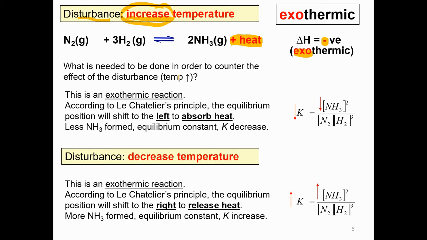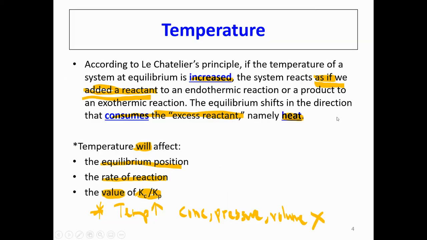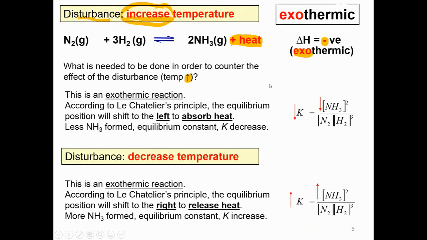So what do we need to do in order to counter the effect of the disturbance when temperature increases? We assume, as mentioned just now, that the system reacts as if we added a reactant. So when we increase temperature, heat increases.